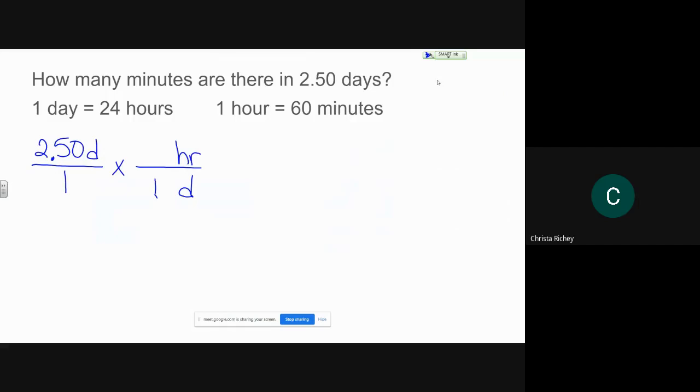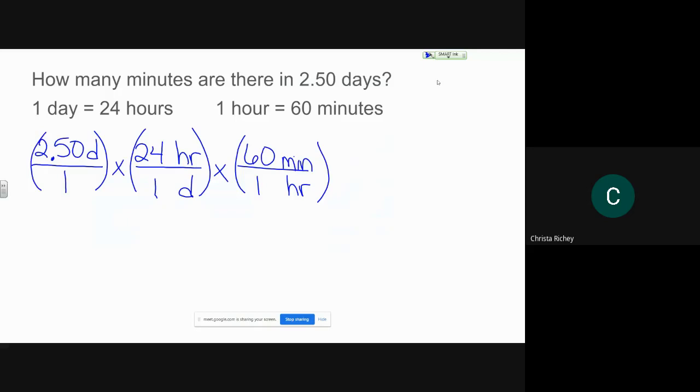And what number goes with the hour? 24. Okay, I'm not in minutes yet. So I'm going to bring down hours. And do I have a way to go to minutes? Yeah. Okay. 1 hour is 60 minutes. That's the conversion factor method.